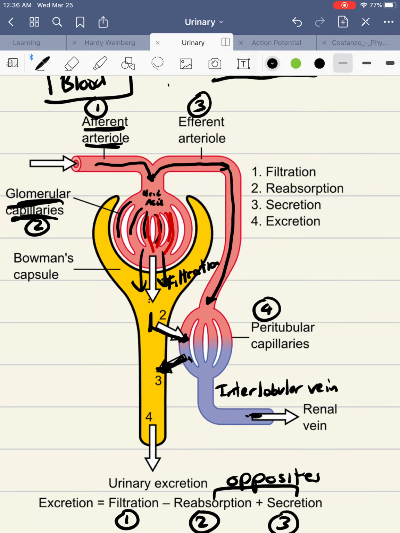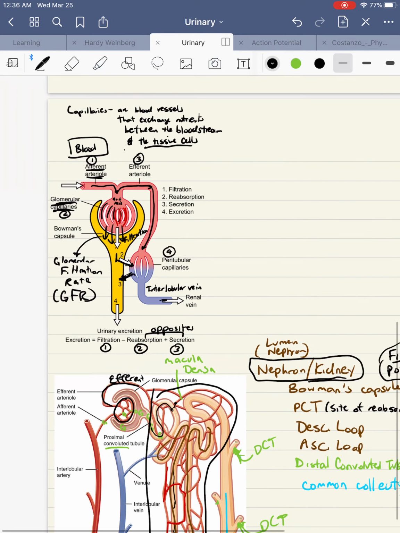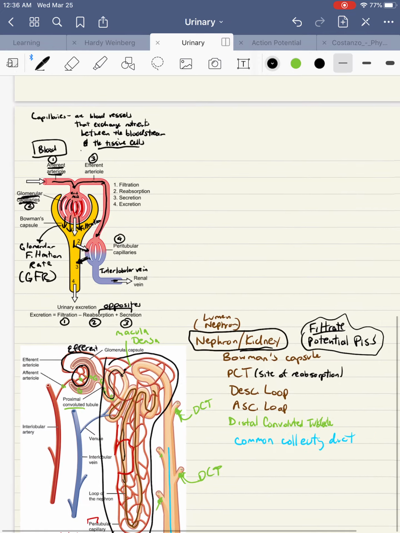We call this the rate of filtration. In fact, we have an even more specific name, a clinical name. We call this the glomerular filtration rate. Some of you may have heard of this as GFR. And in the next video, we're going to talk about what actually affects GFR.